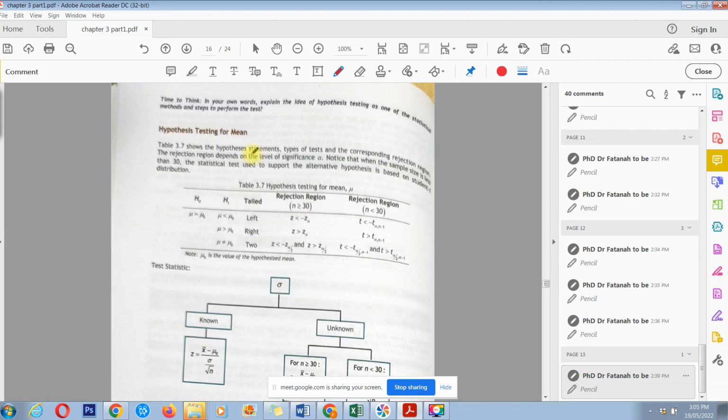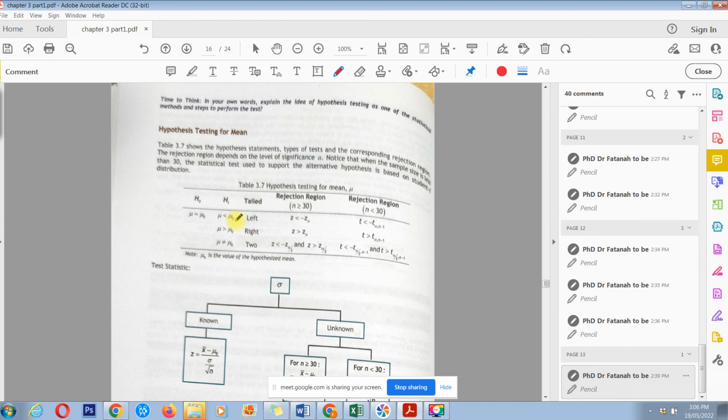Okay, let's see. Here we have testing for mean. We have H0: mu equals mu not, and then H1 equals this. The difference here is that we have three different cases, based on left tail, right tail or two tail.